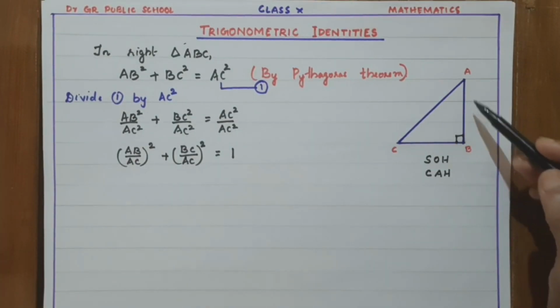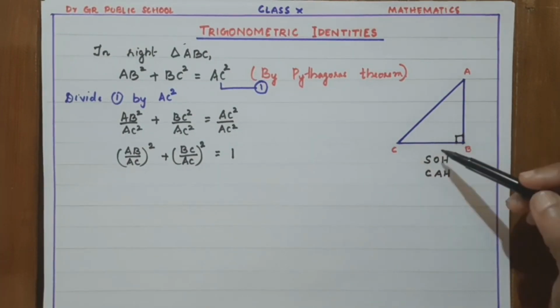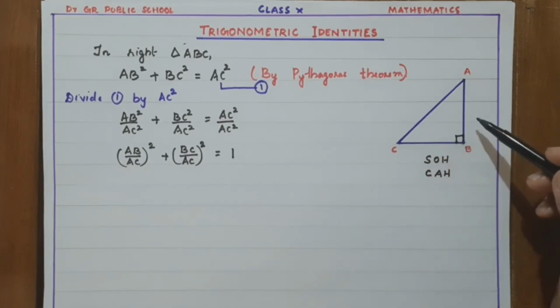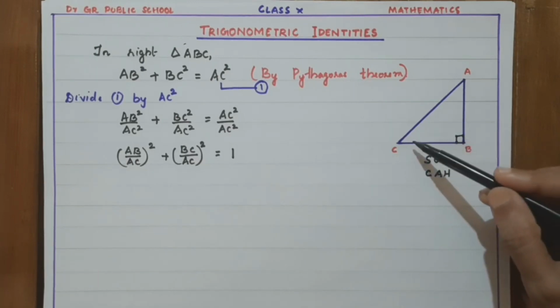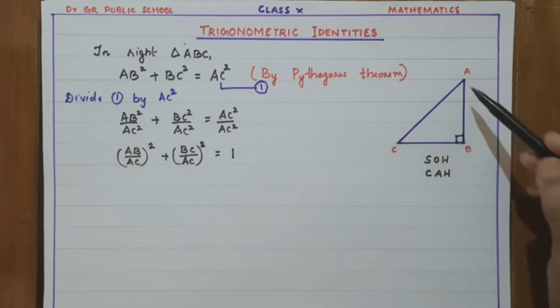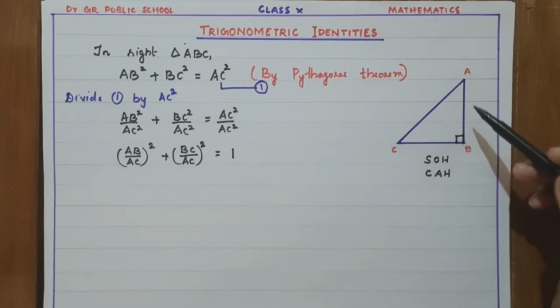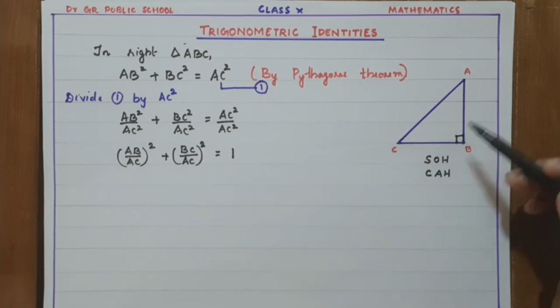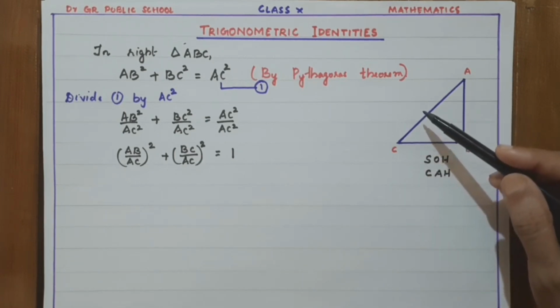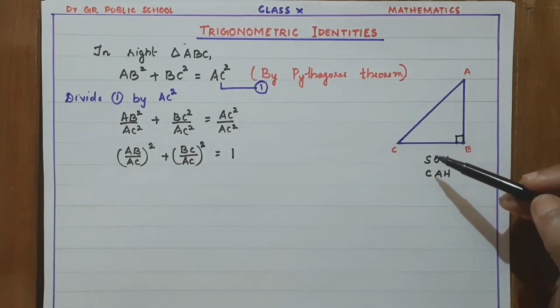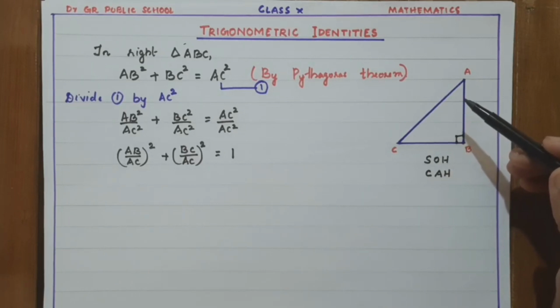See, when we started the chapter trigonometry, we discussed that trigonometric ratios are based on one acute angle. We can see two acute angles in a right triangle. So, based on one acute angle, we are deciding the sides of this right triangle. Hypotenuse is always hypotenuse, but opposite side and adjacent side we decide according to our acute angle.